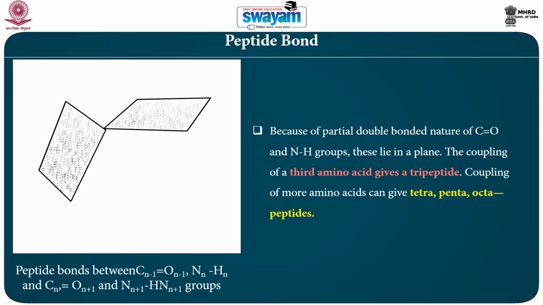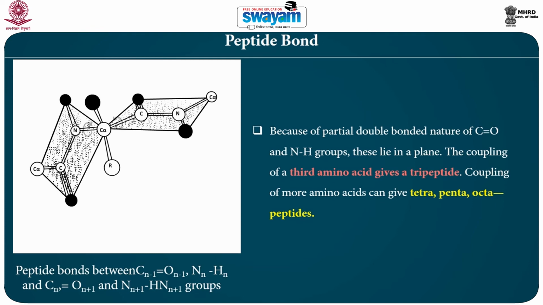Because of the partial double bonded nature, they bond to each other, which is called a peptide bond. The peptide bond we show in this picture.